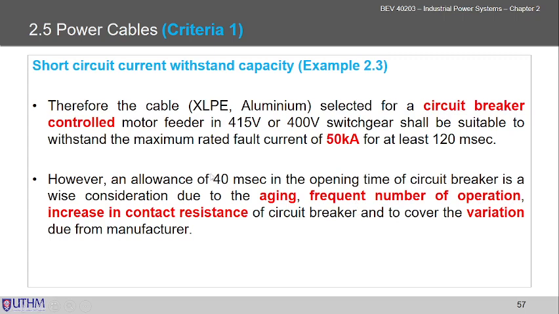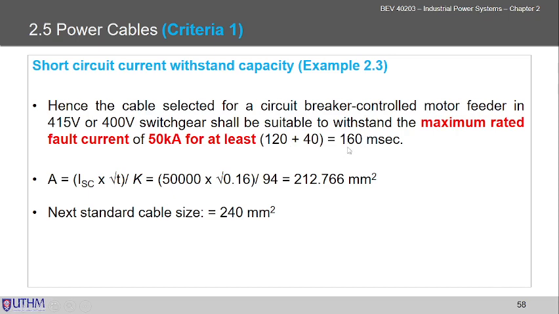Then we need to add another 40 milliseconds to 120. So our T now is 120 plus 40, which is 160 milliseconds. Now we can calculate the minimum cross-sectional area, or we call it the size.